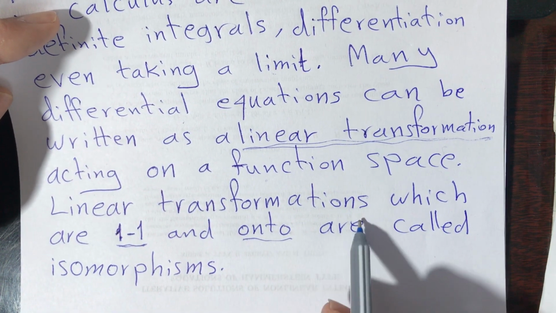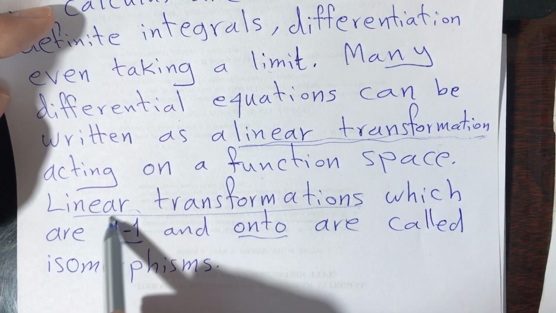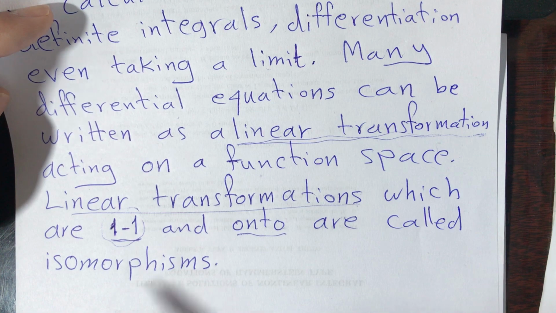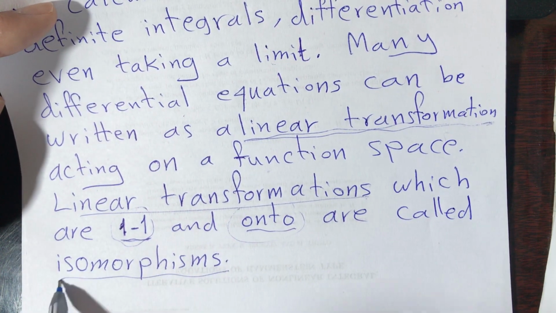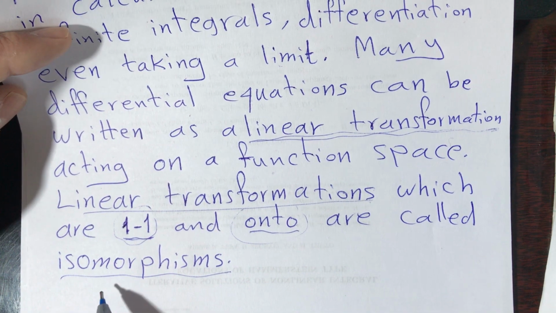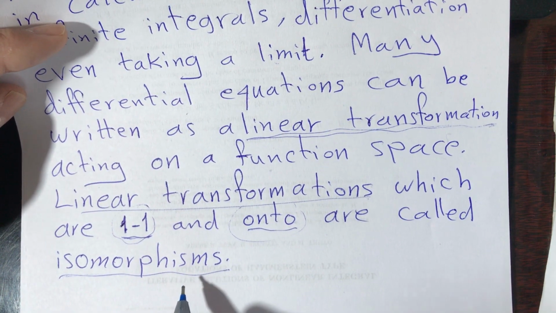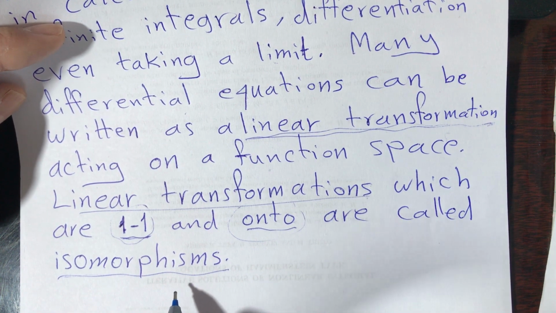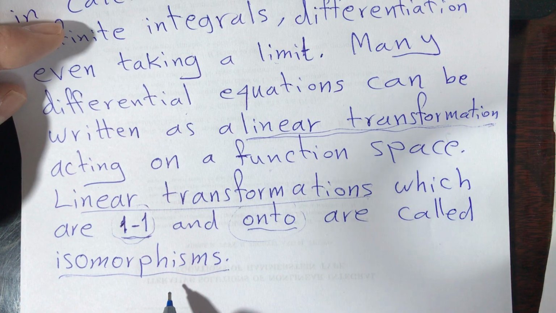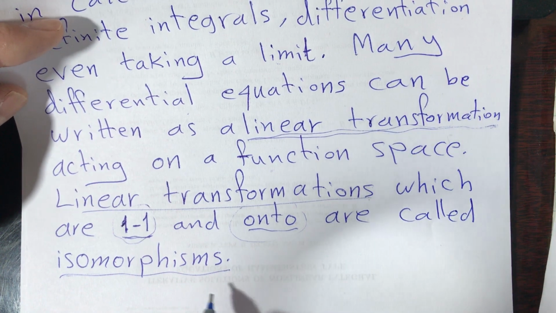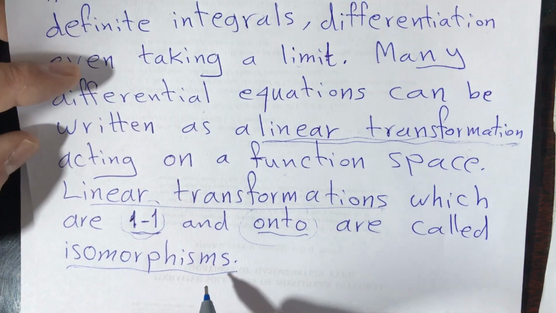We call a linear transformation with one-to-one and with onto an isomorphism. Okay, this is enough. Now, examples of linear transformation.